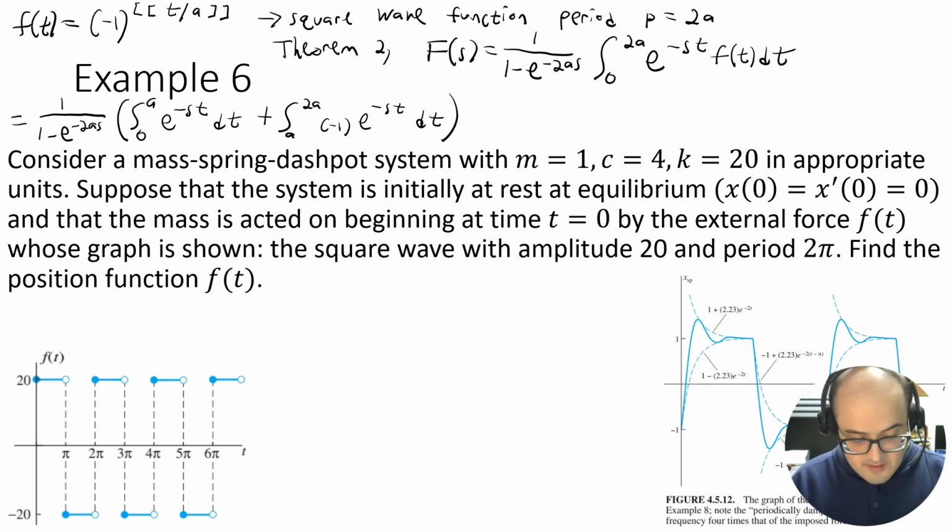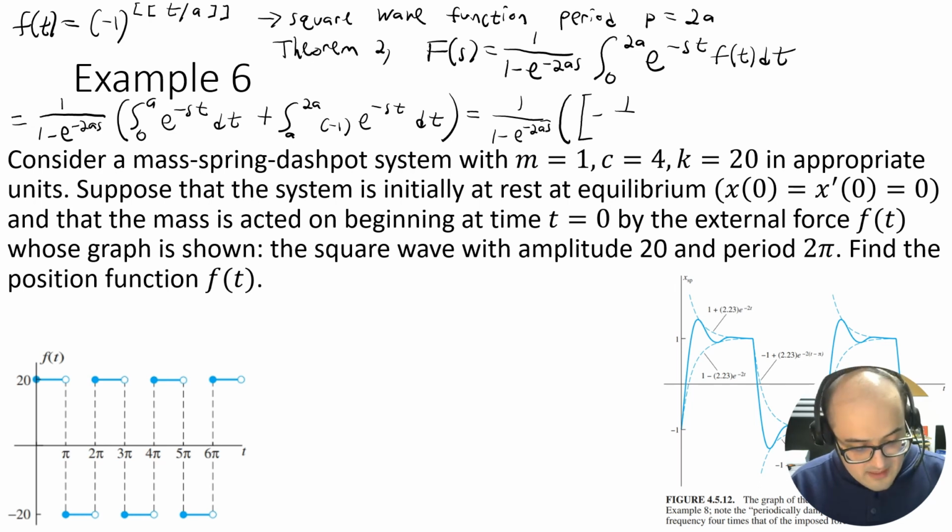So this is going to give us 1 over 1 minus e to the negative 2as times, so we have those two integrations. Let me break these apart.